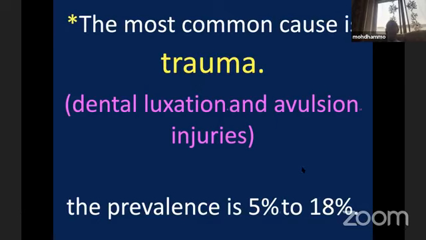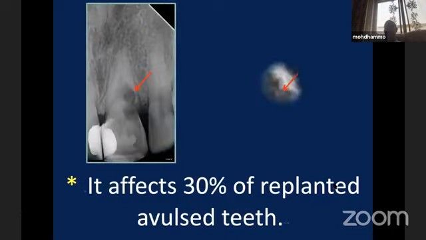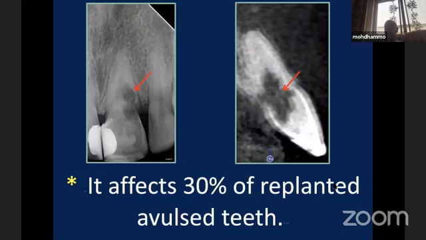After luxation, the prevalence of inflammatory resorption is between 5 to 18%, while after avulsion of a tooth and replanting it, we have a 30% chance of inflammatory resorption like this case.